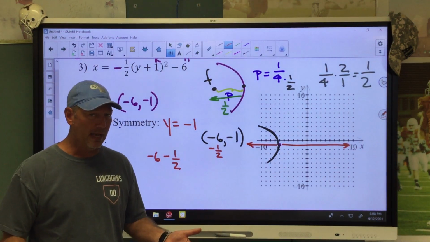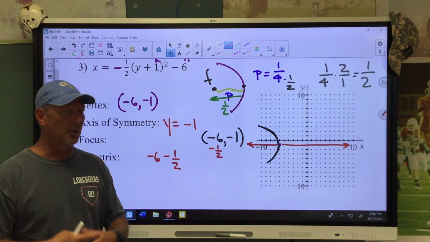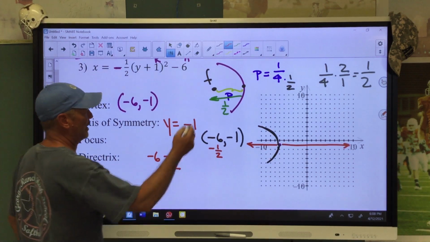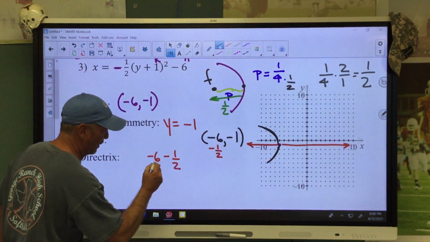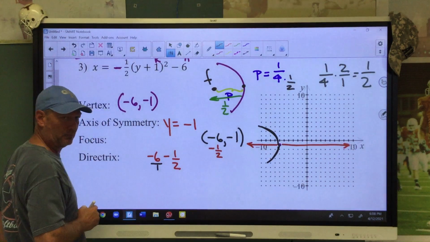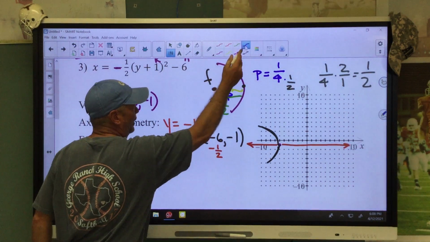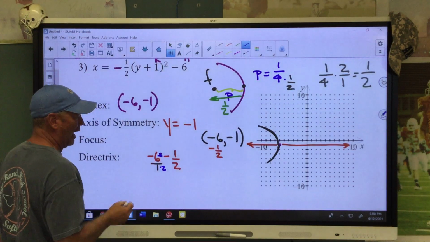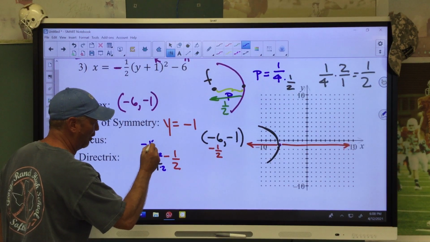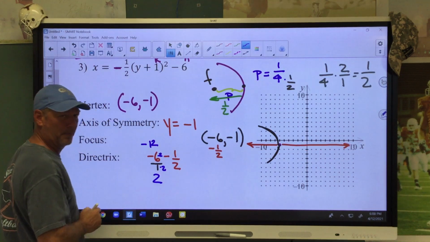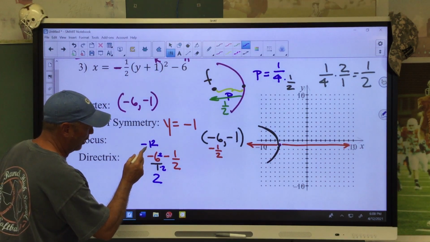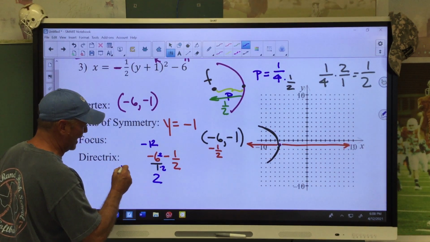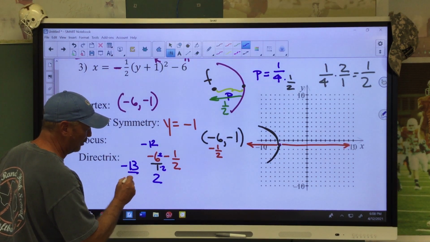Some of you that's okay, but some of us it's going to bother us. You can put it in the calculator. We're going to get a common denominator. We're going to make this 6 over 1. We're going to multiply times 2. Times 2 times 2. I'm going to get -12 over 2. A -12 and a -1 is -13 over 2.